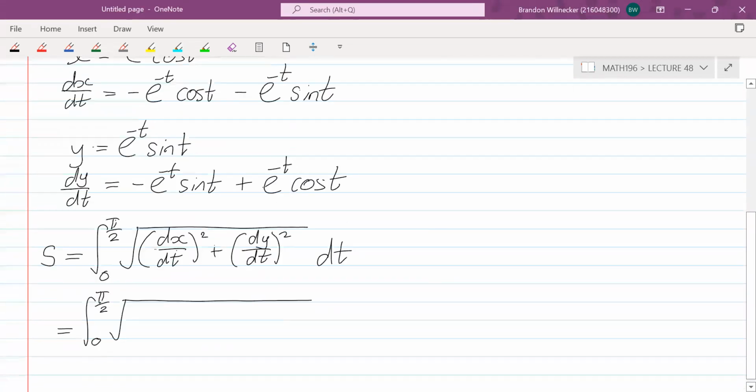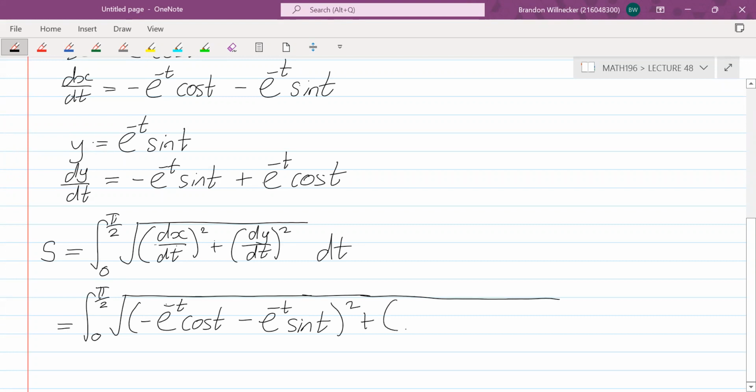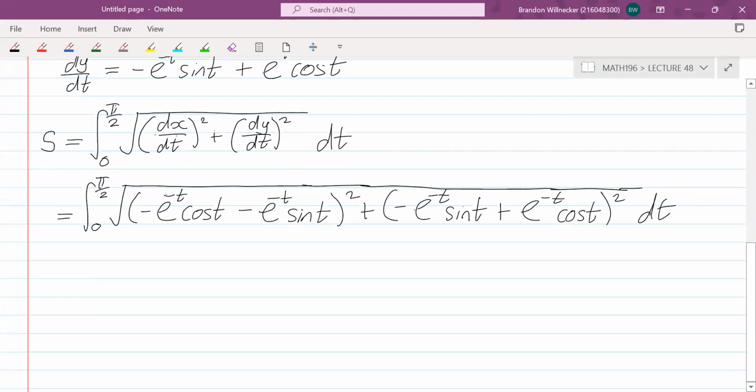Remember what x was: that's going to be minus e to the minus t cos t minus e to the minus t sin t, all of that squared, plus dy by dt squared. So that's minus e to the minus t sin t plus e to the minus t cos t, squared, dt.